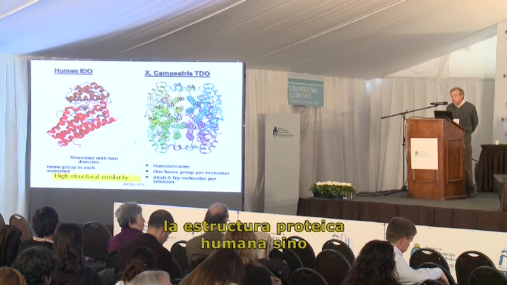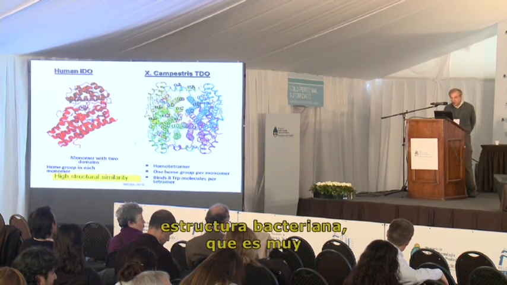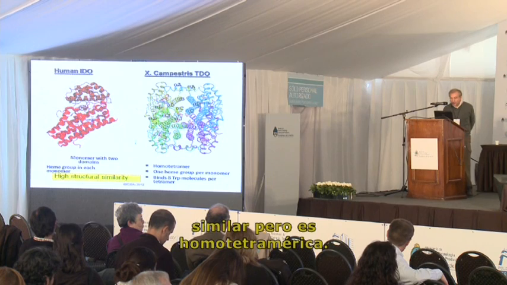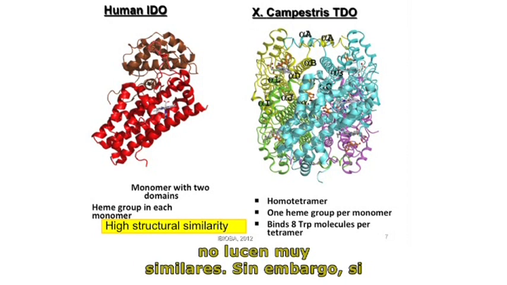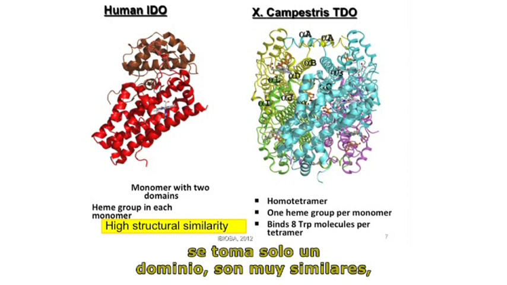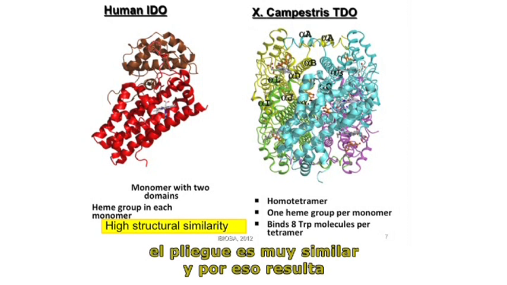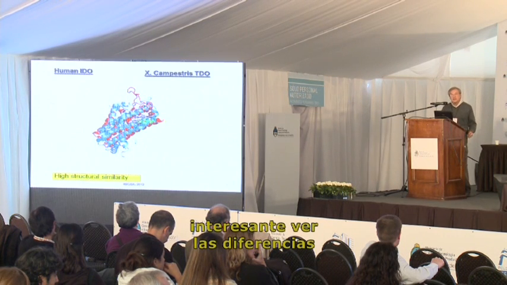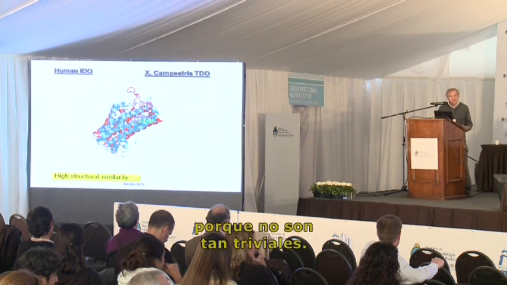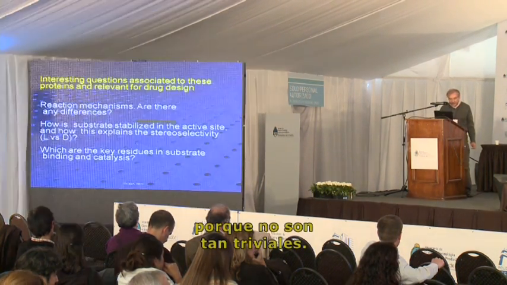We have a bacterial structure which is very similar to the human one, but it's a homotetramer. Looking at the proteins in this way, they don't look very similar. However, if you take just one domain, they are really similar, and the fold is very similar, so it's very interesting to see the differences because they are not so trivial.